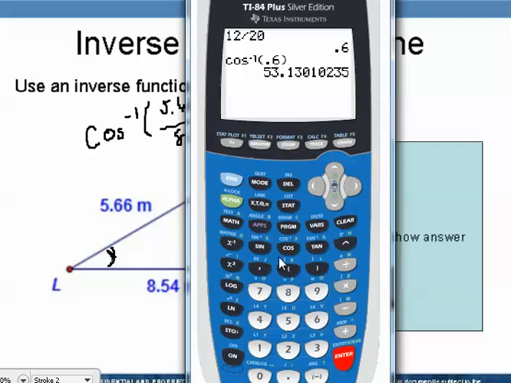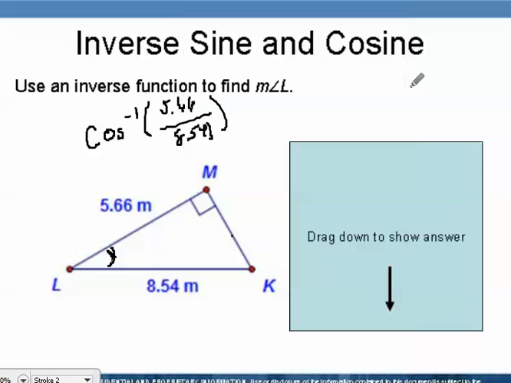So I'm going to actually do that. I'm going to press second cosine. It gives me the cosine inverse. And I'm going to put a parenthesis, 5.66 divided by 8.54. See, I didn't even work that out. I just put it all in one sentence on the calculator here. And I got 48.48 or 48.5 degrees.